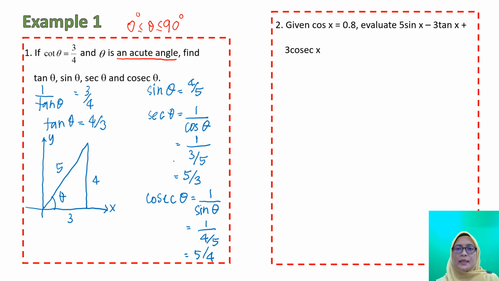Okay, so example 2, given cos x equal to 0.8. This is not mentioned, what is the degree for x? To make it easy, we will consider, because 0.8 is a positive value, we consider it in the first quadrant. We can draw the diagram.